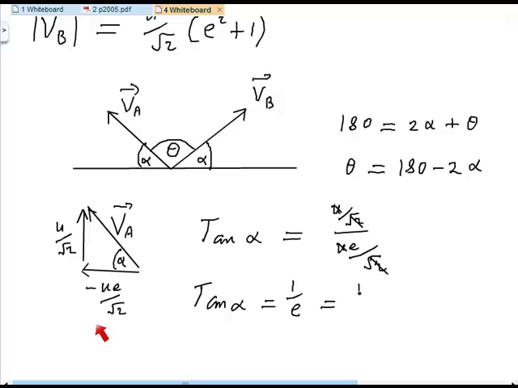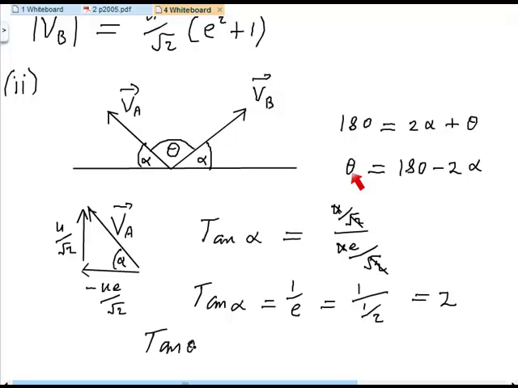Which is 1 over a half, because we're given E as a half in this part. So we just label this again as part 2. This means that tan alpha is 2. And we're looking for tan theta.